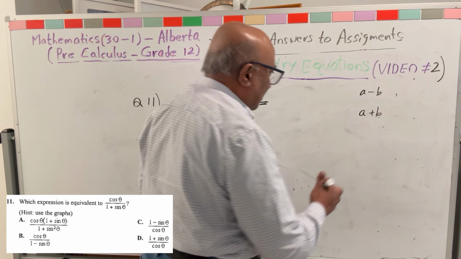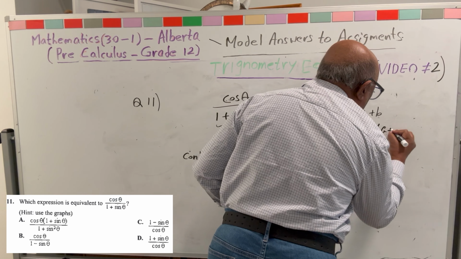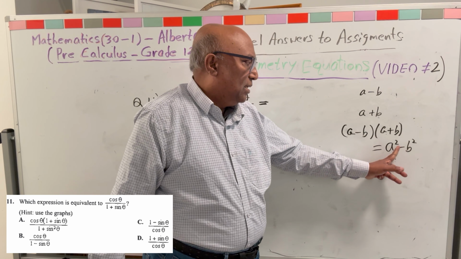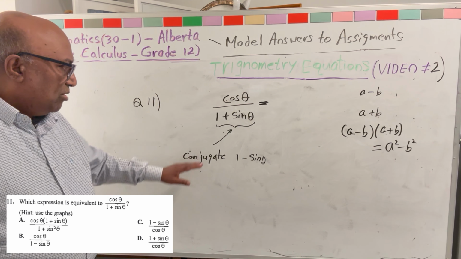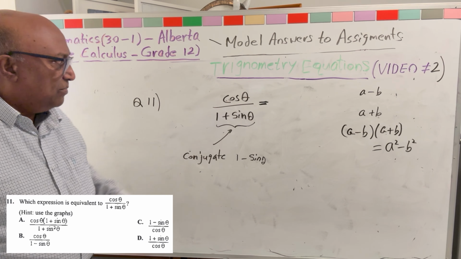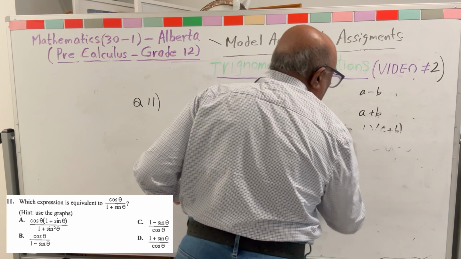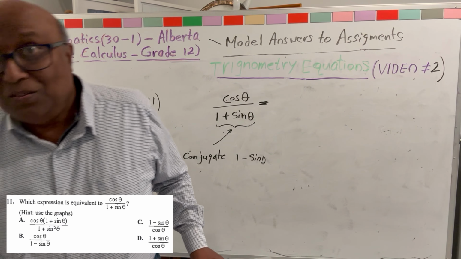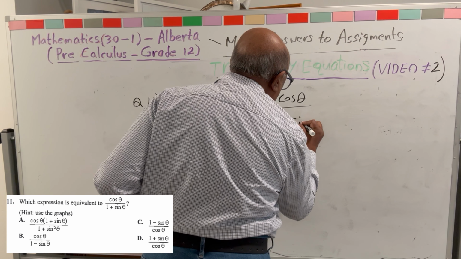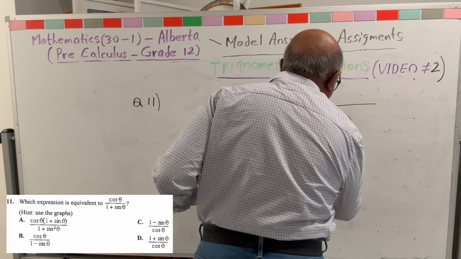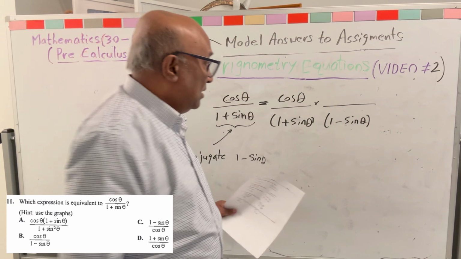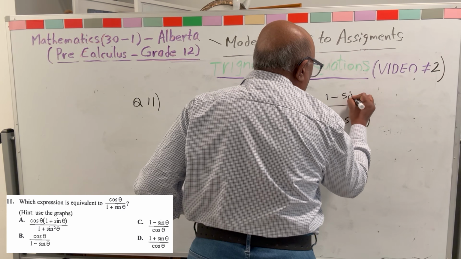When you multiply these conjugate terms together, you get a squared minus b squared, the difference of two squares. So let's multiply both top and bottom by the conjugate of the bottom. Write this as it is: cos theta upon 1 plus sin theta. Then I will multiply the bottom by 1 minus sin theta. In order not to change the value of the expression, we must multiply the top also by the same expression.